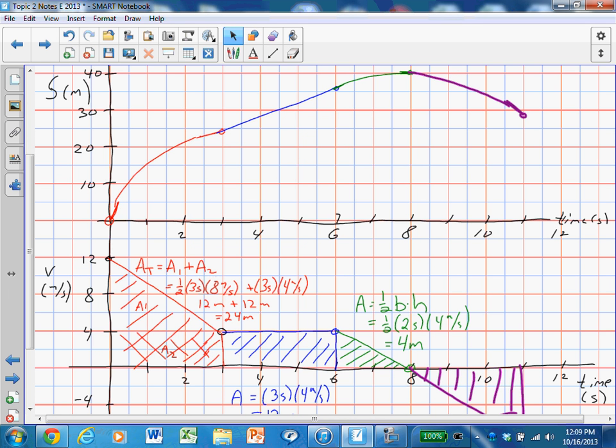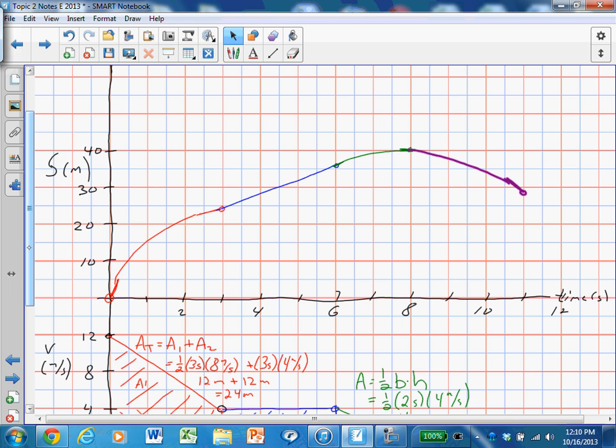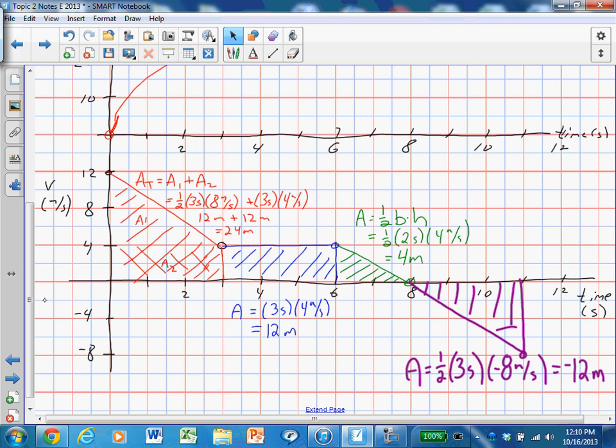So that's why we have the straight line here, because the slope is always the same. Then we go from a high to 0, right? Then we go from 0 to negative something. See? Yes.